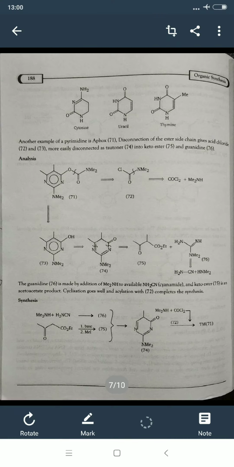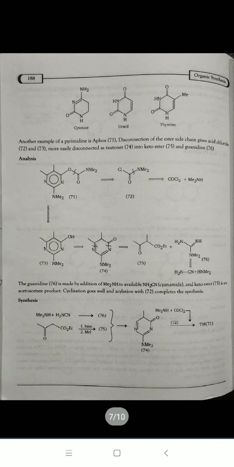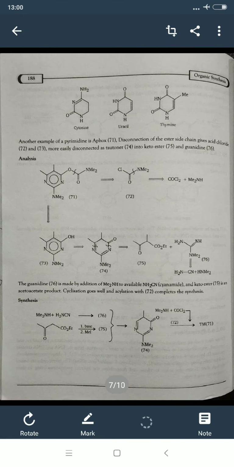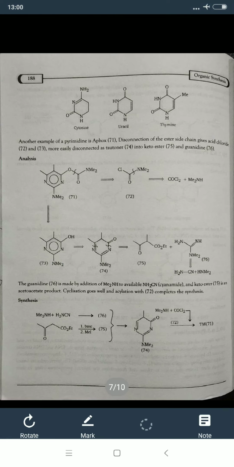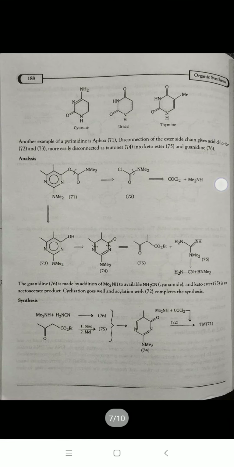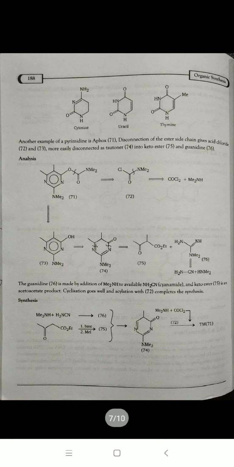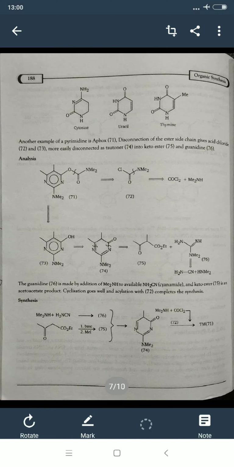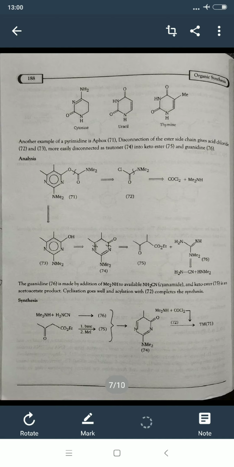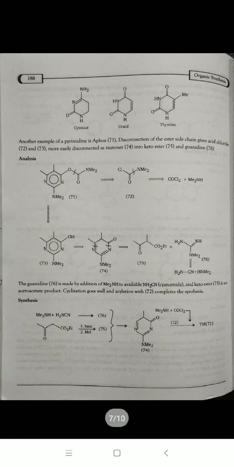Disconnection of the ester side chain gives the chloride 72 and 73. The 73 part is the pyrimidine part, and it is the carbonyl chloride, carboxychloride, or dimethylamine. This 74 undergoes, in the analysis, C-N cleavage, giving the keto ester 75 and guanidine 76.